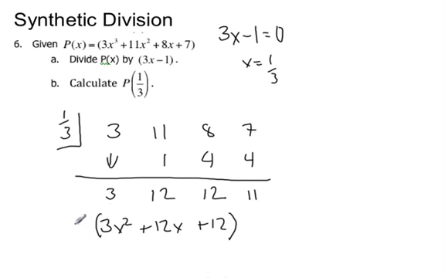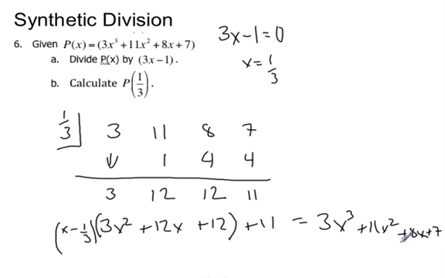I know if I take this and multiply it by x minus 1/3, and I add 11 more, that will be exactly 3x cubed plus 11x squared plus 8x plus 7. These two multiply, plus this. This is the remainder. This is the quotient.